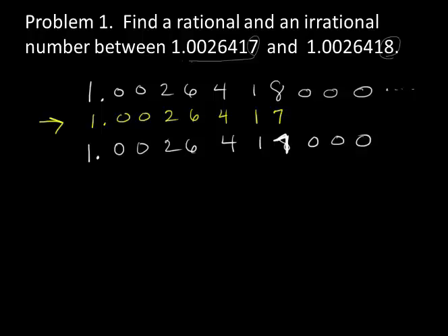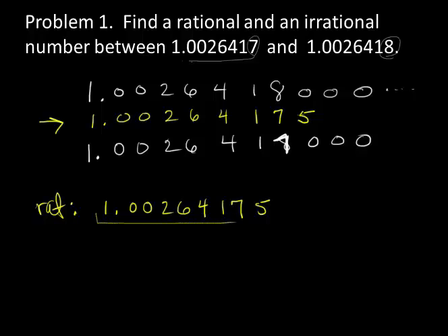If I put 8, anything I put after it would make it bigger than the one on top. And now I could put any digit I want here. Oh, let's just put 5. And we have a rational number. It's terminating. So my rational number, I'll put rat, might be 1.00264175. Now you could have, instead of 5, you could have 003 if you want, or you could have 6, whatever. But this part of the number would have to be the same in your answer.